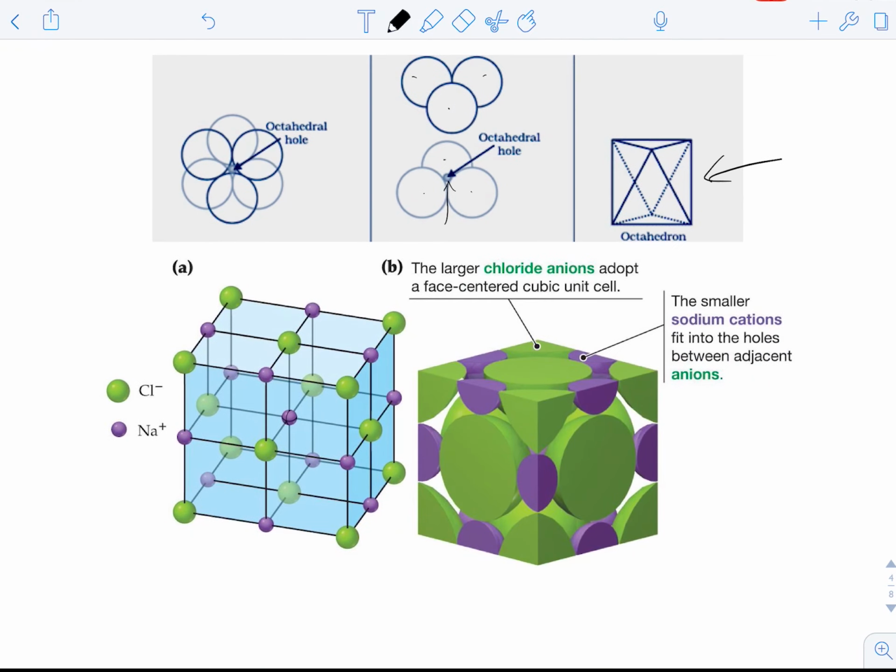Here we see on the corner, that's our chlorine, and it is a face-centered arrangement. With our face-centered arrangement, we have octahedral cation holes. All these purple balls are our cations, and green balls are our anions.